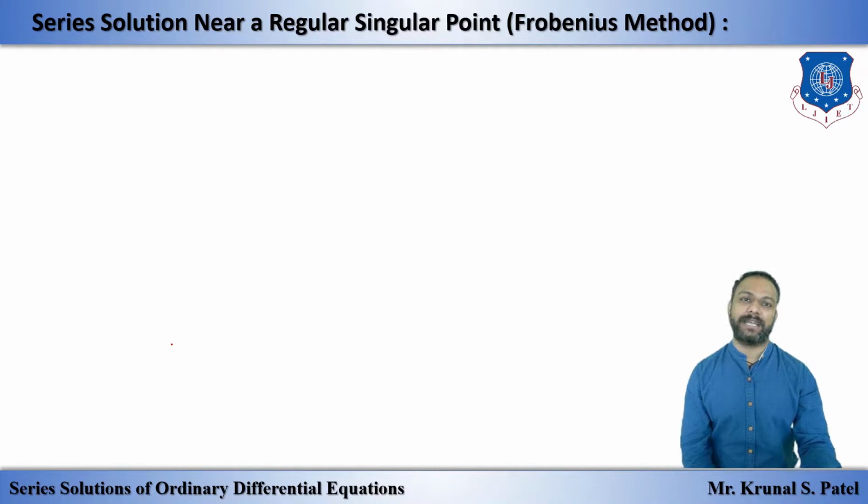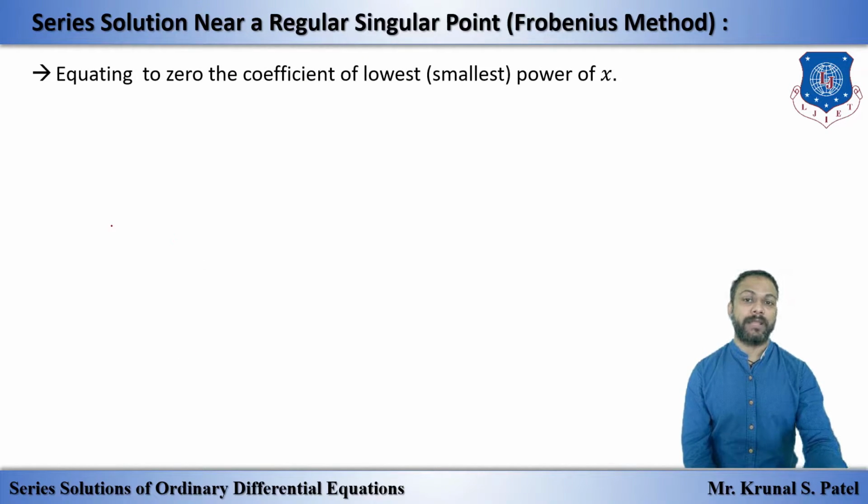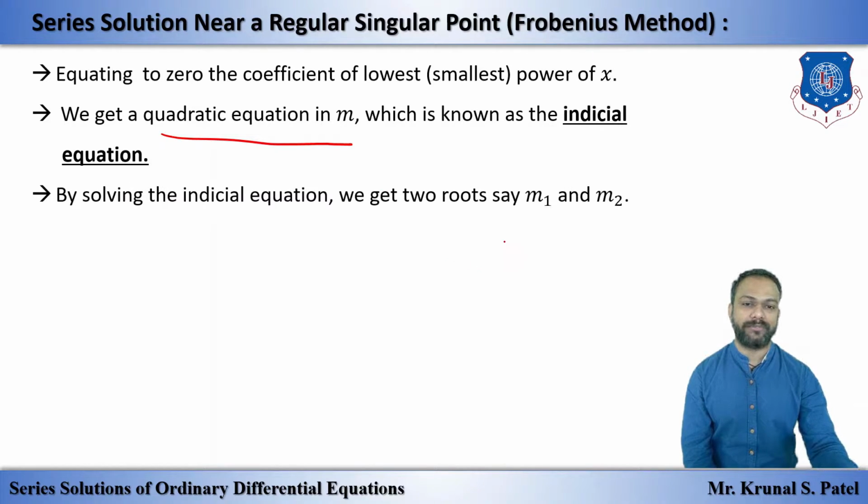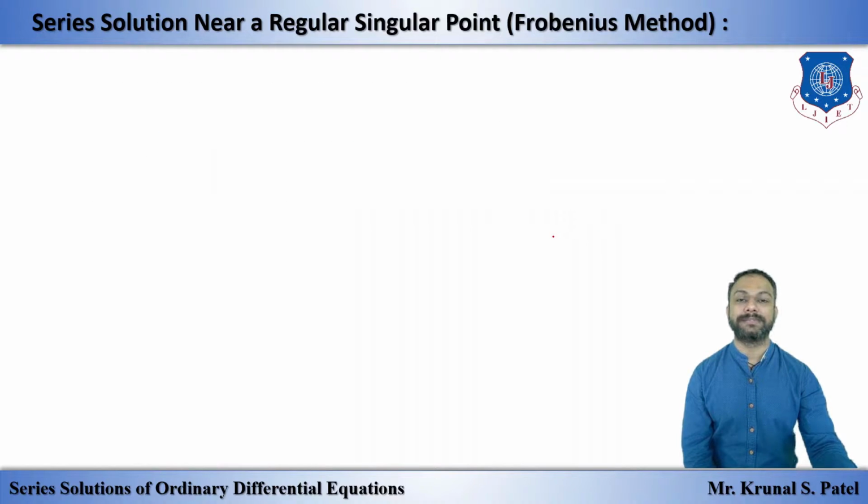In the seventh step, we equate to 0 the coefficient of the smallest power of x, which gives us a quadratic equation in m, known as the initial equation. By solving this we have two roots, m1 and m2, and the nature of m1 and m2 decides case number 3.